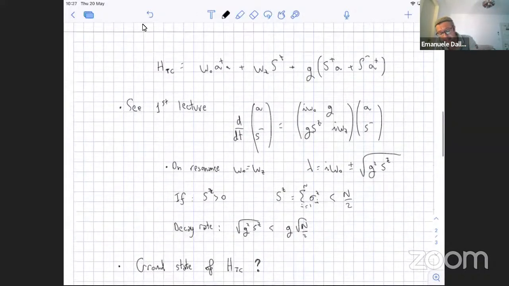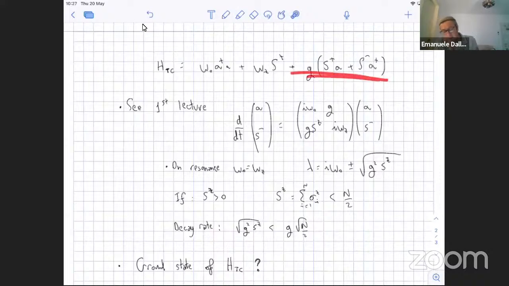Think of this term as a perturbative term. To first order, it does nothing, because initially you have no photons and all the spins are down. This term needs to destroy photons, but there are none, and this term needs to pull down spins, but all the spins are already down.